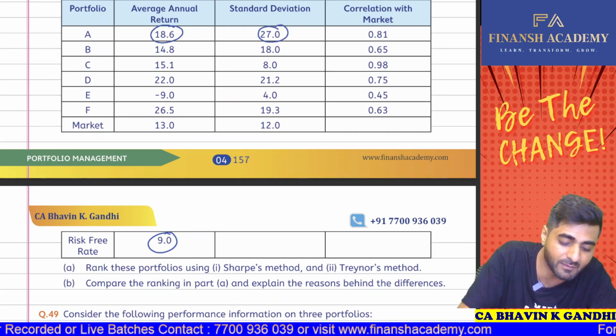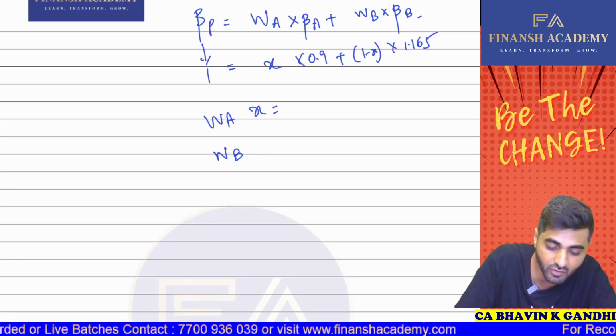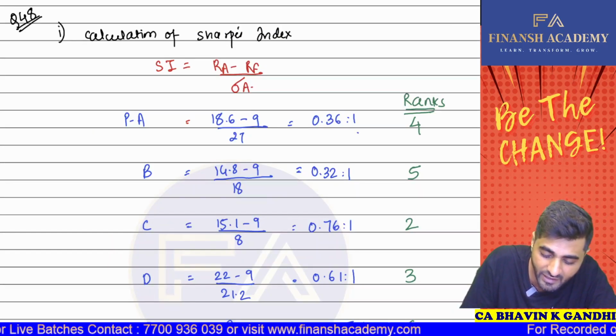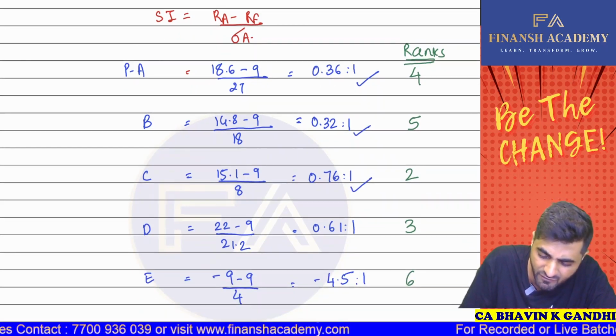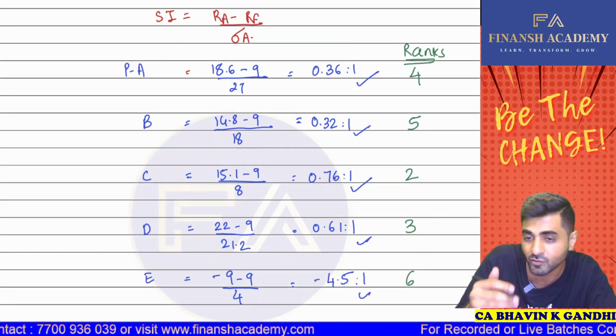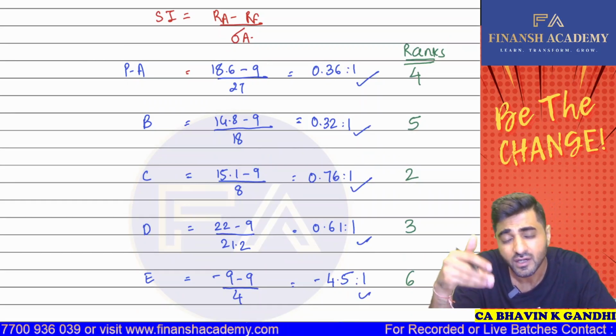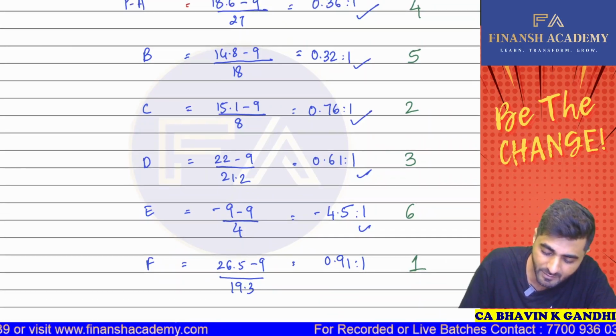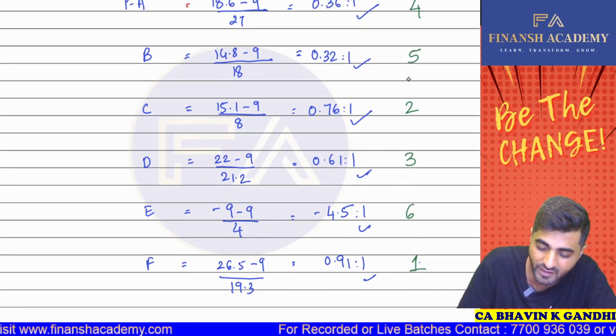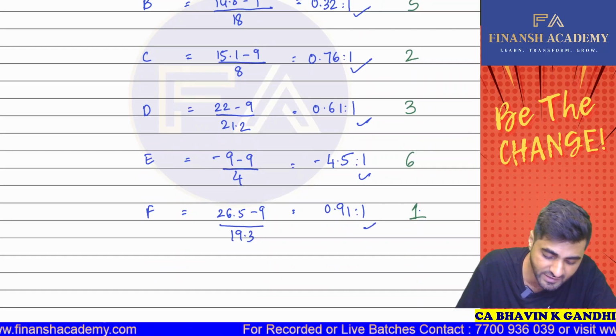And that is something which we divide by the standard deviation, which is 27. So this is how we can calculate 0.36, 0.32, 0.76. For every particular portfolio, we can calculate the Sharpe's index, and then we also have the ranks available. Higher the better, so that's why we'll be taking rank 1, rank 2, and we'll be allocating the ranks based on this.